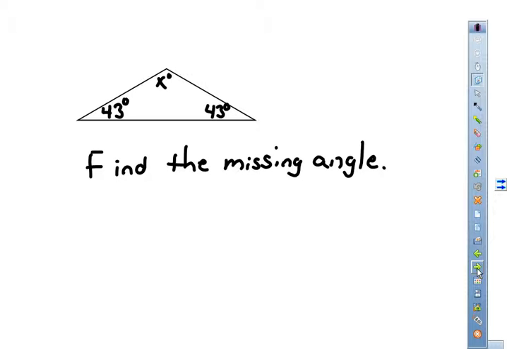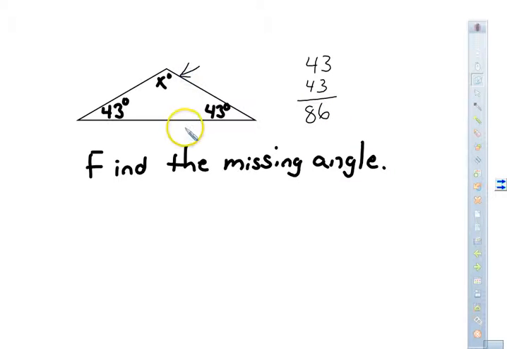Now when we find the missing angle, you're going to have to find the difference. We know that when we have two angles, trying to find the third, if we add the two measurements that we do know, 43 plus 43, giving me 86 degrees, when we find the difference of that total, that will equal the value of x.